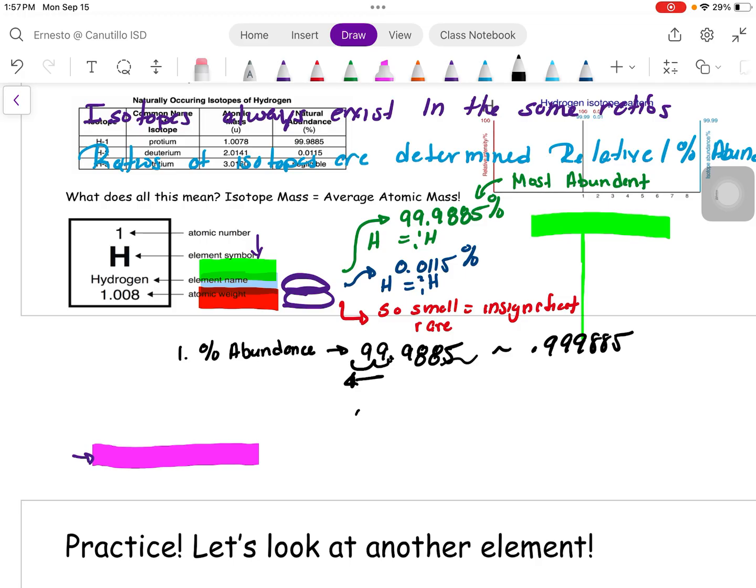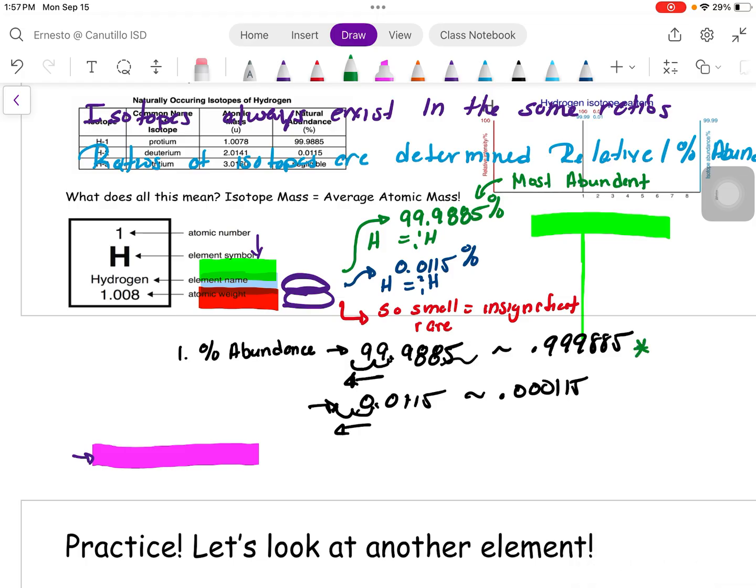If I do the same thing for the other percent abundance, which is 0.0115, and I move my decimal over twice in this direction, well then this number becomes 0.000115, right? So now that I have those numbers converted into their decimals, because remember that these masses exist at these percentages, I'm going to multiply each one by that mass.